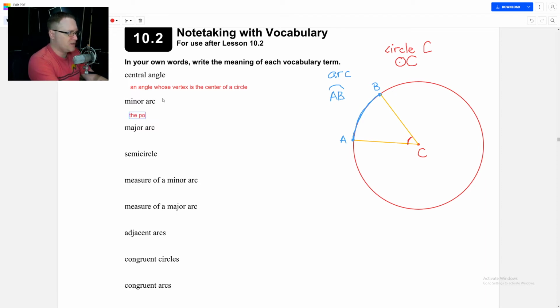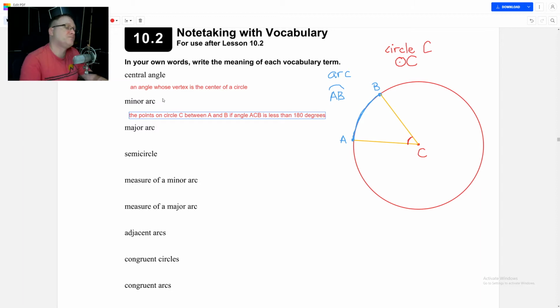It's the points on circle C between A and B if angle ACB is less than 180 degrees.